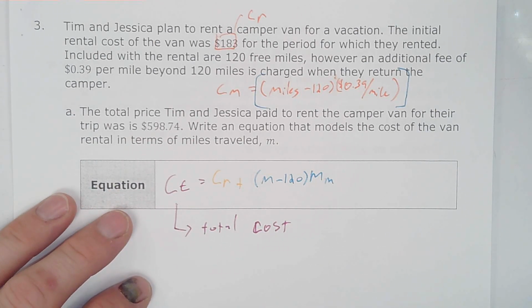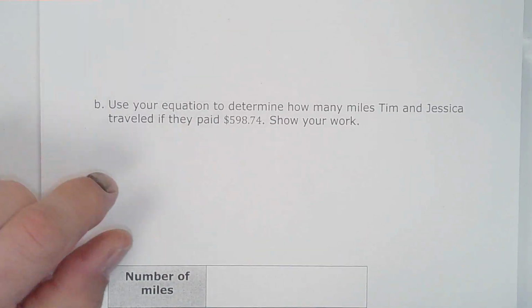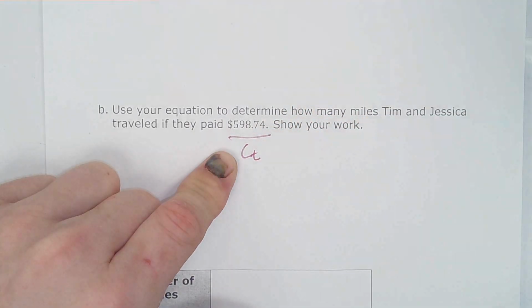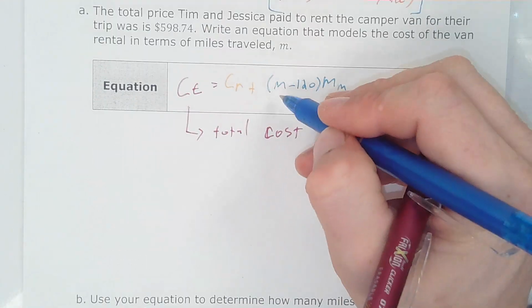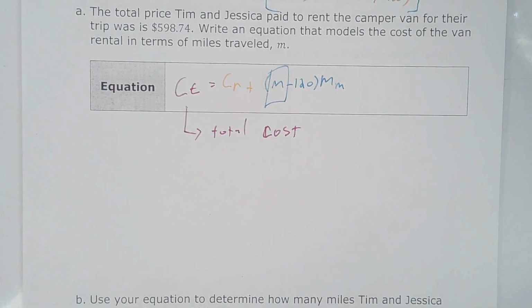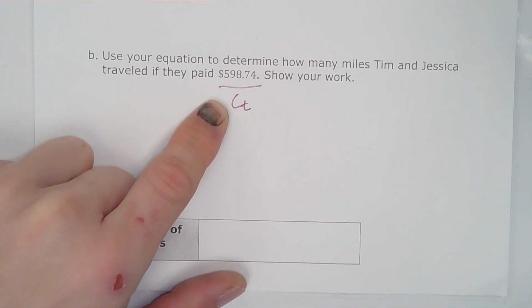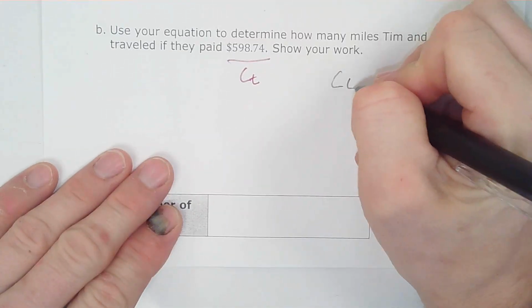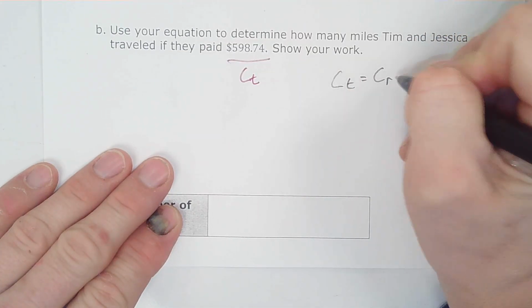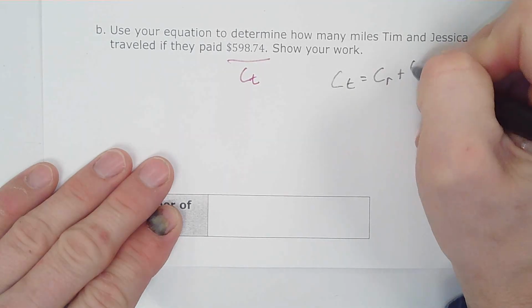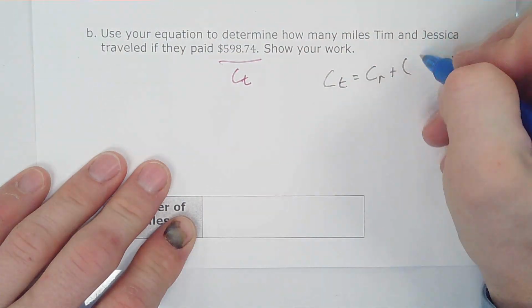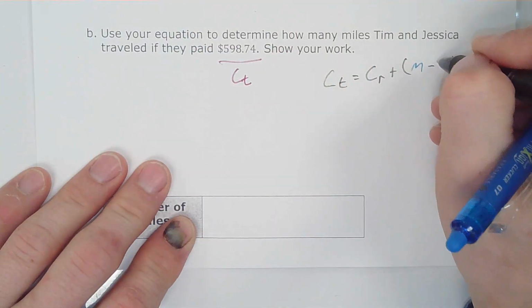The next one says they paid this much. That was my total cost. Determine the number of miles. I'm trying to figure this out, so I have to dig that out of my equation. All right, so my total cost equals the rental cost plus the thing I'm trying to figure out, my miles minus 120, times my slope.